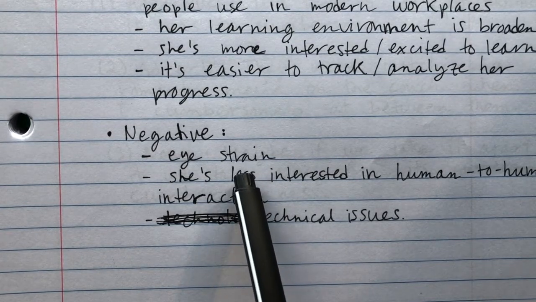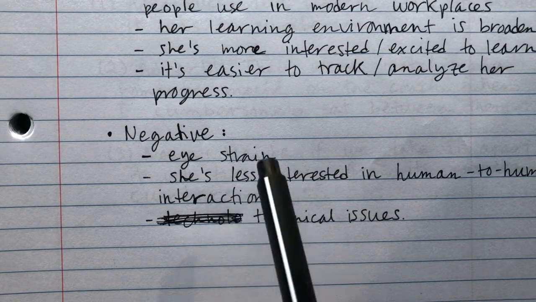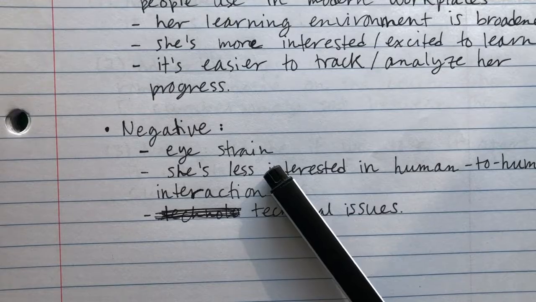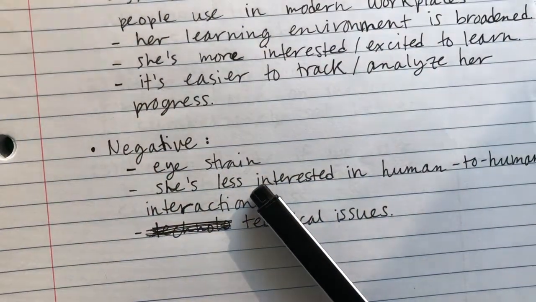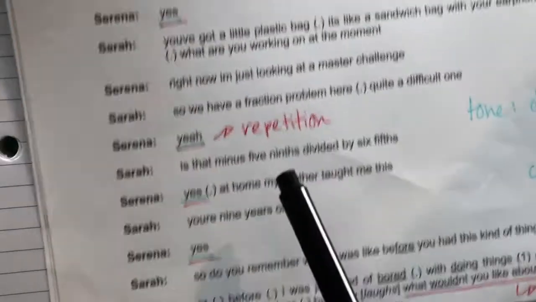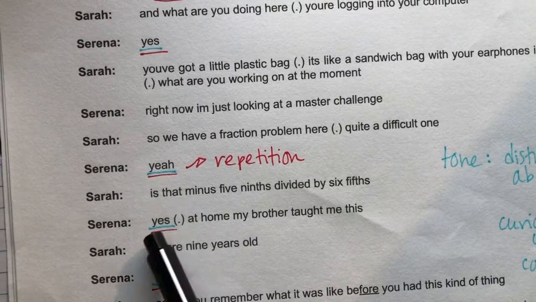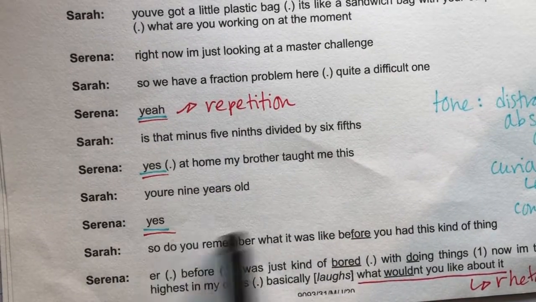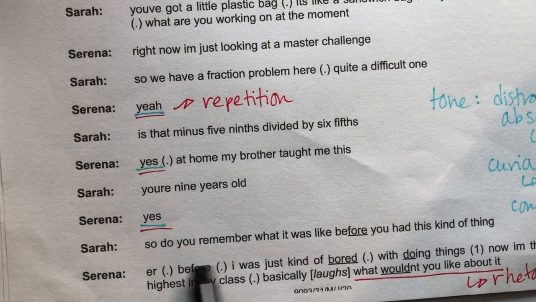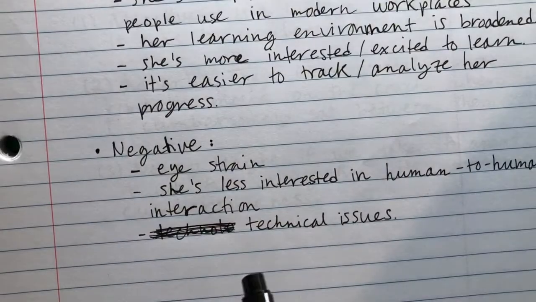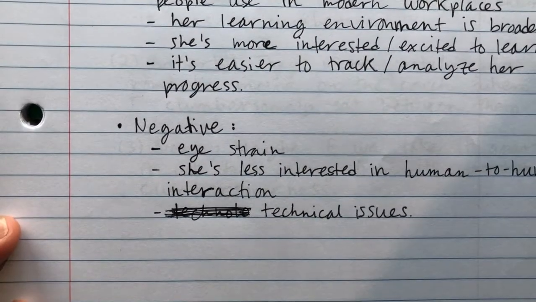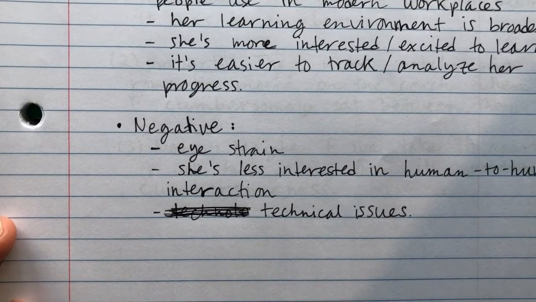She doesn't like to be bothered by humans anymore. And I think that in this text, we'll look at that later, but you see it in the transcript. She says, yeah, she's focused on her computer. The way that she speaks, you can tell that she's pretty busy, right? Does not want to be bothered.